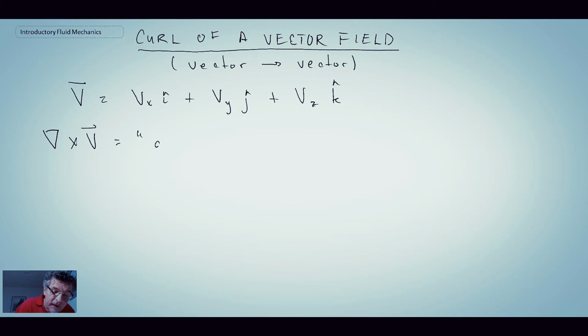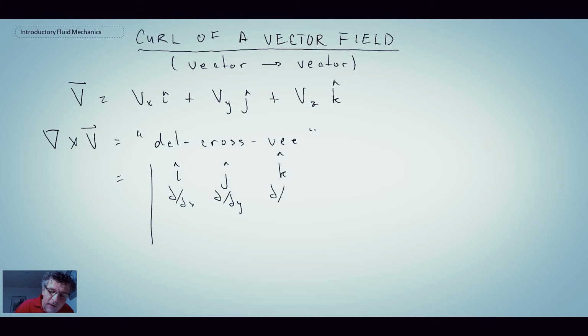So I should say that, del cross V. And that would be equal to, we use the determinant, i, j, k, partial x, partial y, partial z, and then we would have vx, vy, vz. Then you evaluate the determinant, and we're going to get a vector coming out of this.